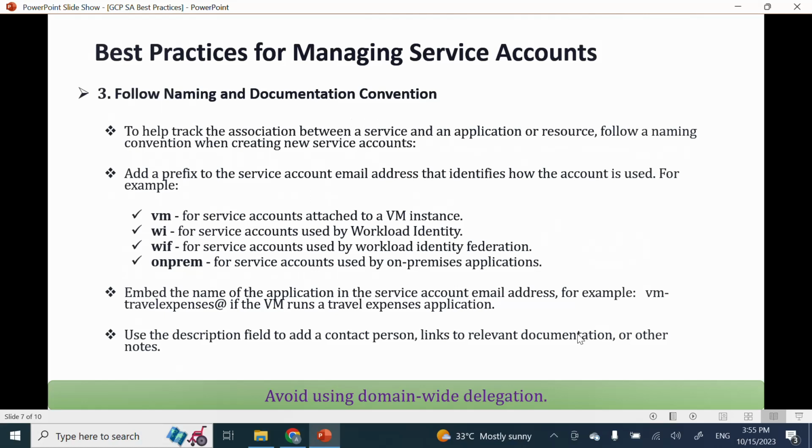For example, VM for service accounts attached to VM instances, WI for service accounts used for workload identity, WIF for service accounts used by workload identity federation, on-prem for service accounts used by on-prem applications. Embed the name of the application in the service account email address. For example, if this is a travel expense application, you will have vm-travel-expense at the rate. That means a VM is running this travel expense application.